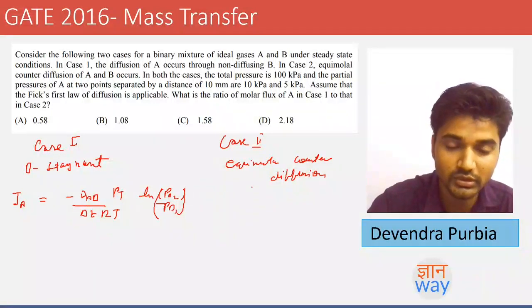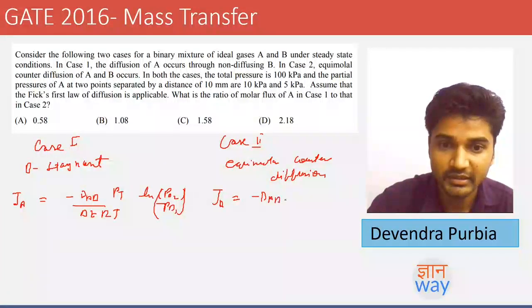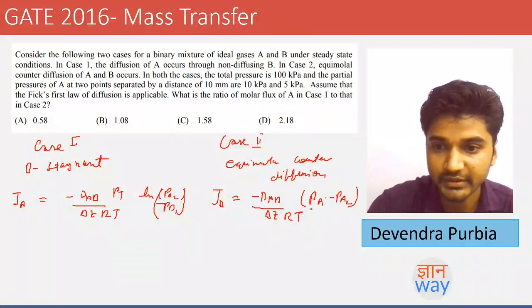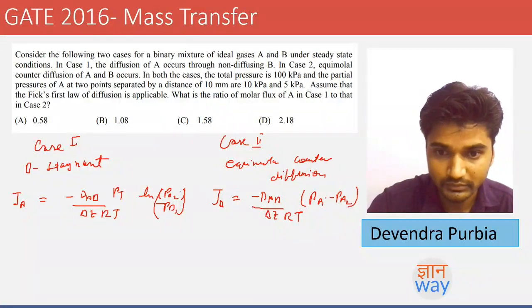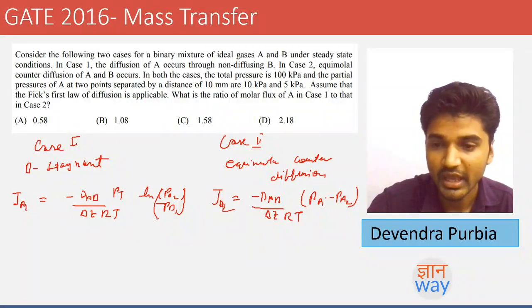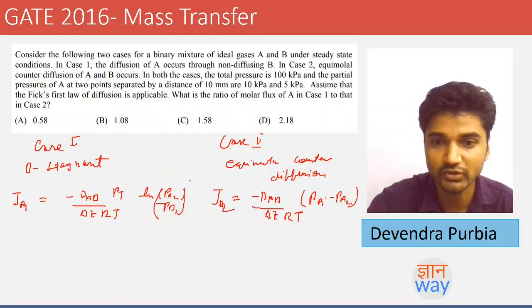In case 2, for equimolar counter diffusion, the flux equals minus D_AB upon delta Z R T times (P_A1 minus P_A2), where this is the pressure gradient. So this is case 1 and this is case 2. Everything is the same, only this term is different.